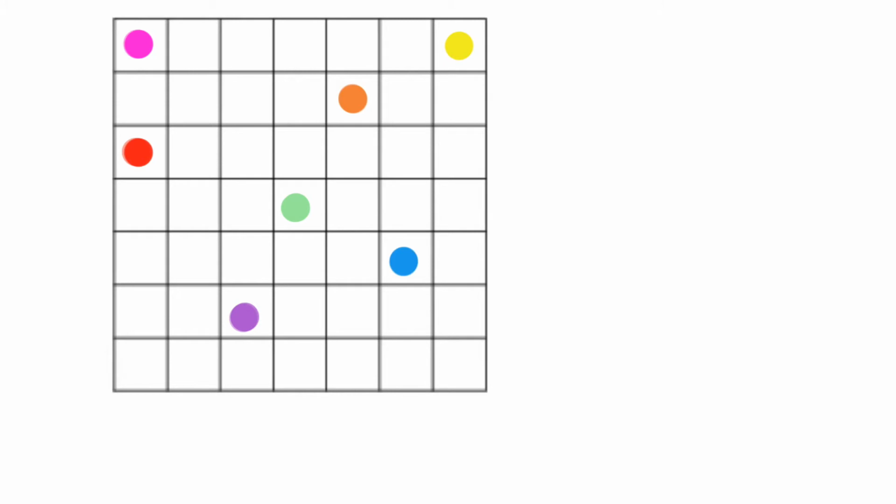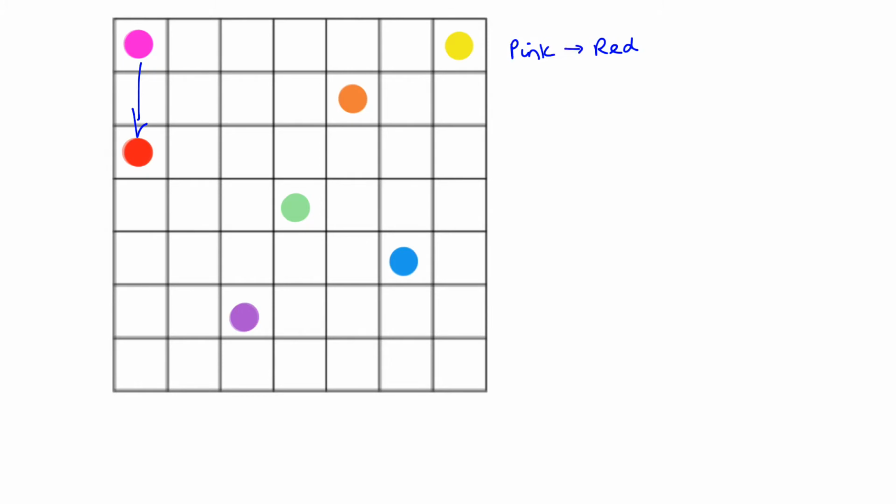Okay, so first of all, for example, if you were going from pink to red, how would you do that if you're going from there to there?